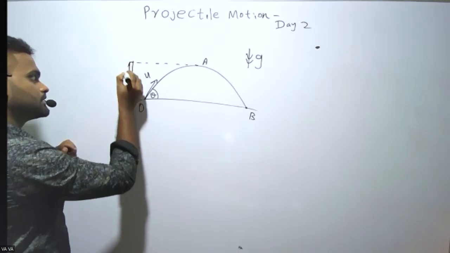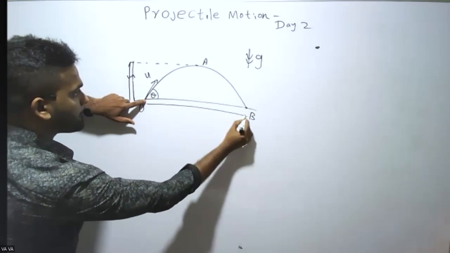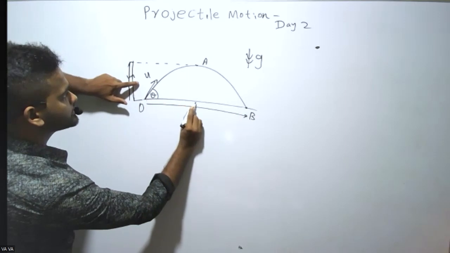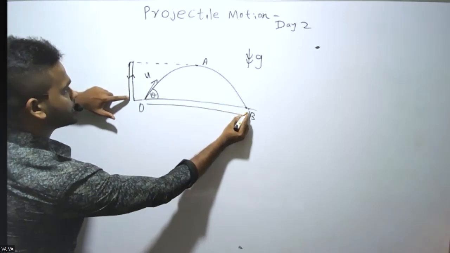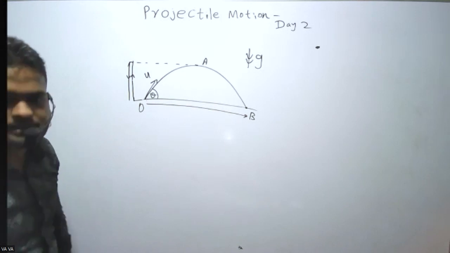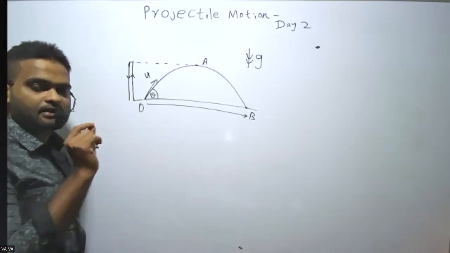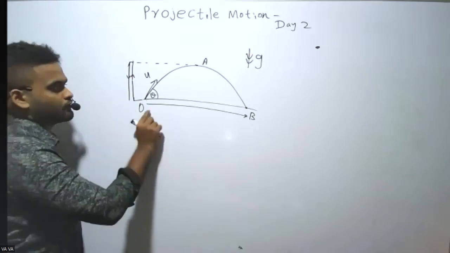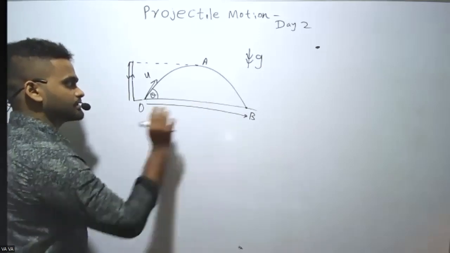Simultaneously the horizontal component goes from here to here. You have to consider these two motions separately. Gravitational acceleration is applicable only for the vertical motion. For the horizontal motion, there is no acceleration. This is a constant velocity, right?